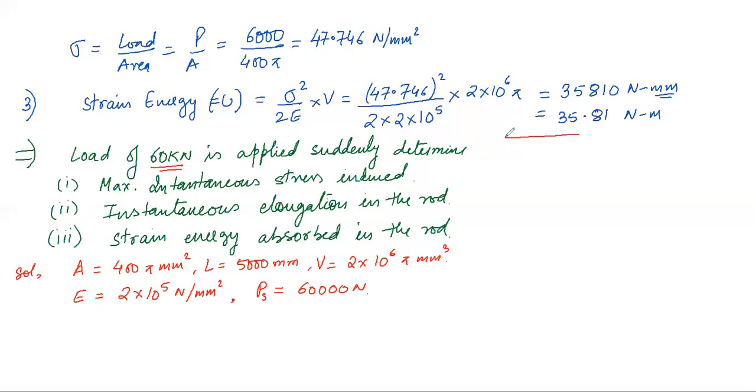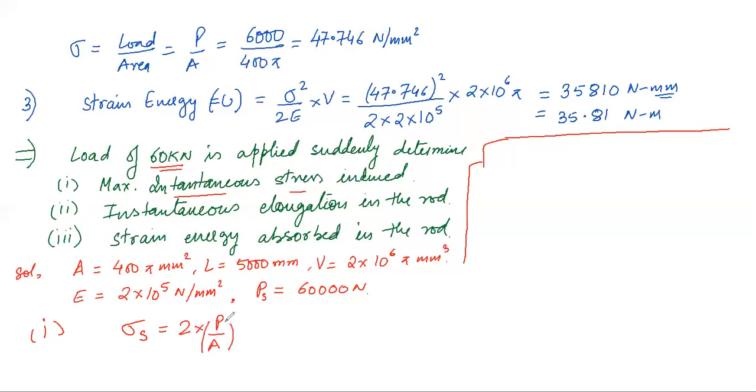The first part that we are going to solve is the maximum instantaneous stress induced. And we all know that the maximum instantaneous stress induced in a body when a load is applied suddenly is twice the stress from a gradually applied load.